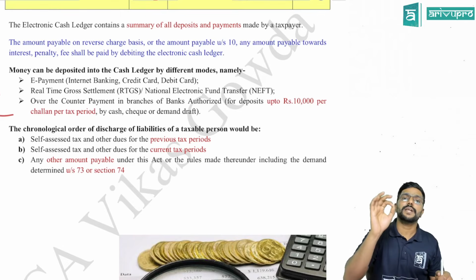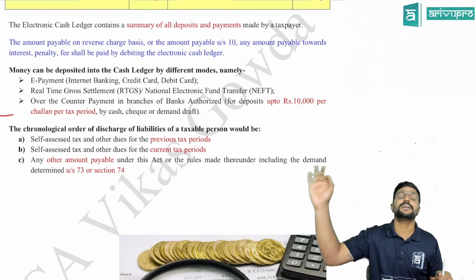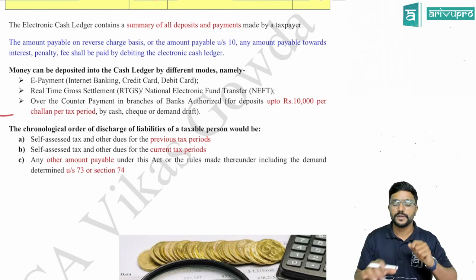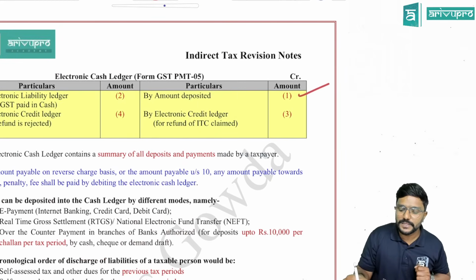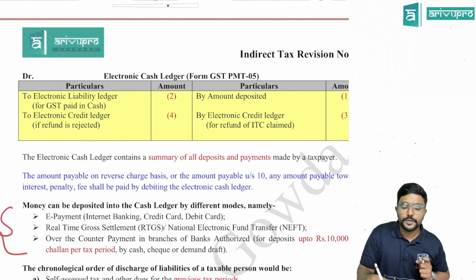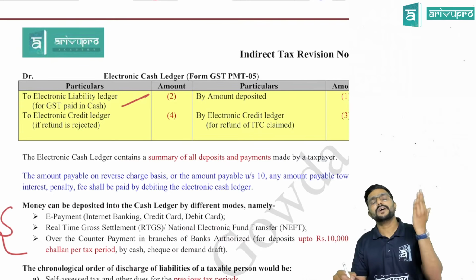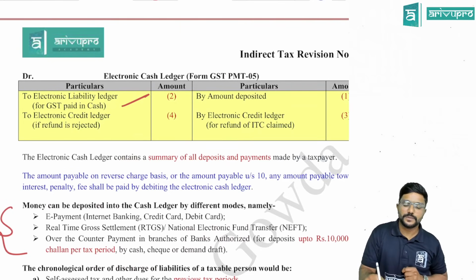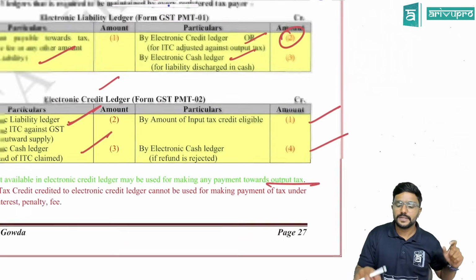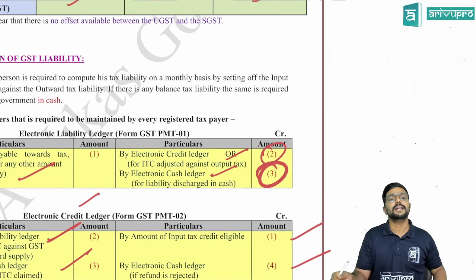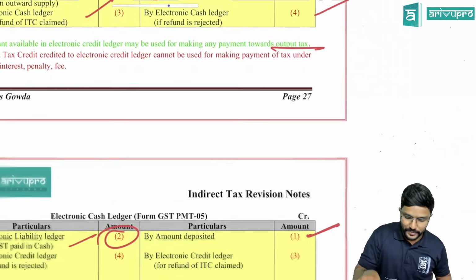Up to a maximum of 10,000 per day, per challan, per tax period can be deposited over the counter. Then once the amount is deposited, it can be used to pay either the output tax or any liability under GST. So whatever amount is debited here, the same amount will be credited in the liability ledger.